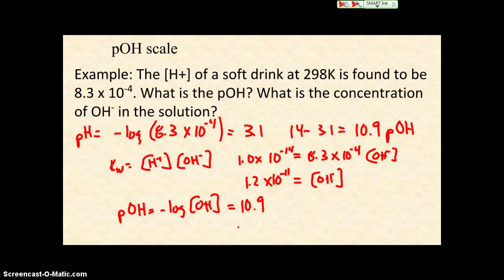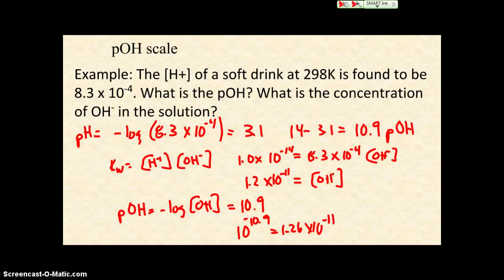This really was 10 to the minus 10.9, or you can use the anti-log or second log on your calculator to do this. But when I plug in 10 to the minus 10.9, I get very close to the same answer. This comes out to 1.26 times 10 to the minus 11th.